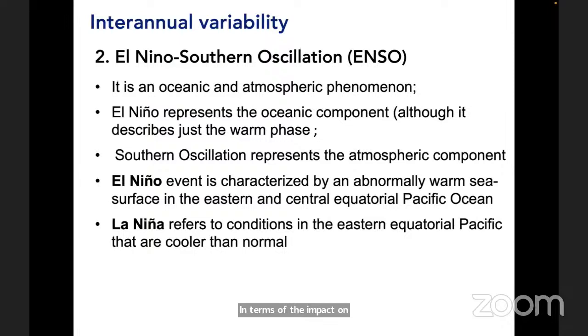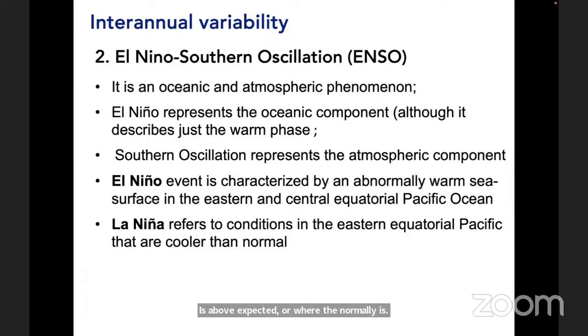So we have two events on the ocean. El Niño is when the temperature is warmer than normal, which means when the anomaly we talked about yesterday is positive. That is El Niño over the Pacific. And La Niña is the opposite, when the sea surface temperature over a specific location is below expected, where the anomaly is negative.